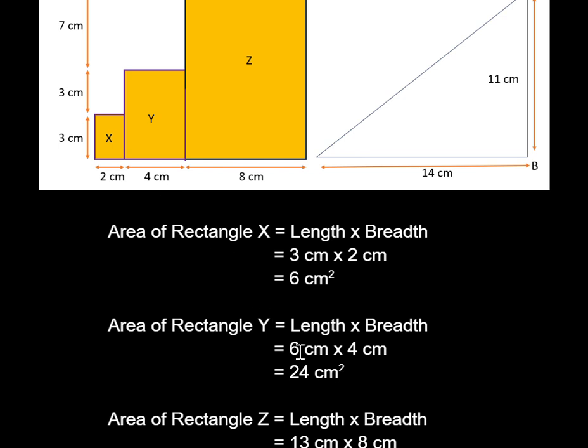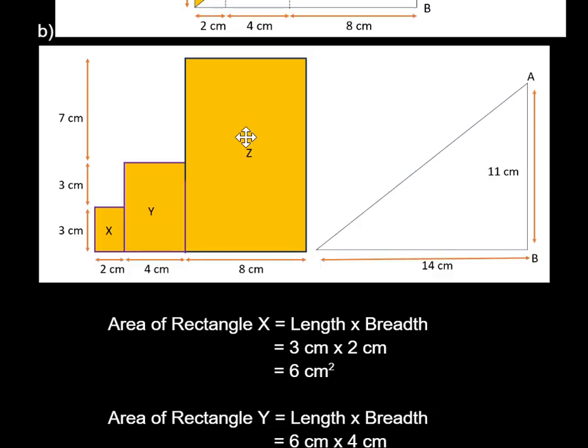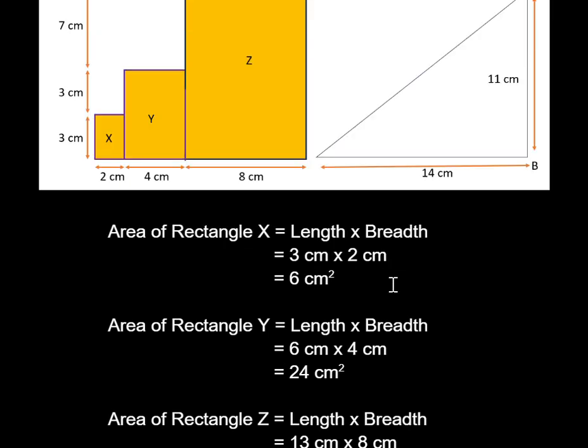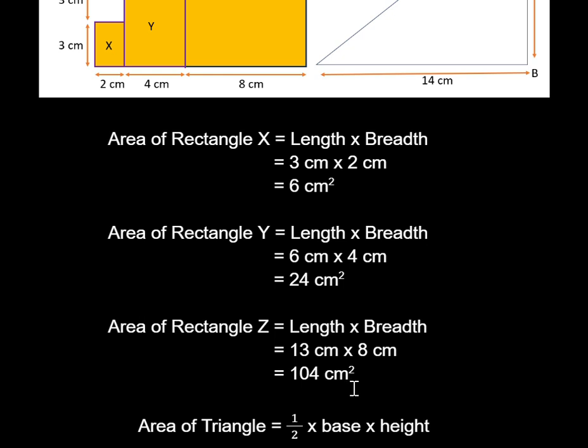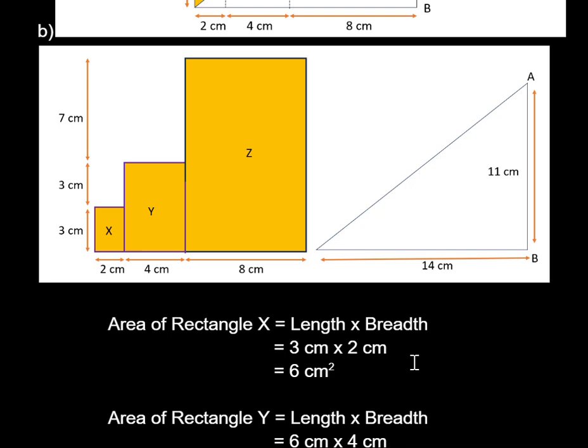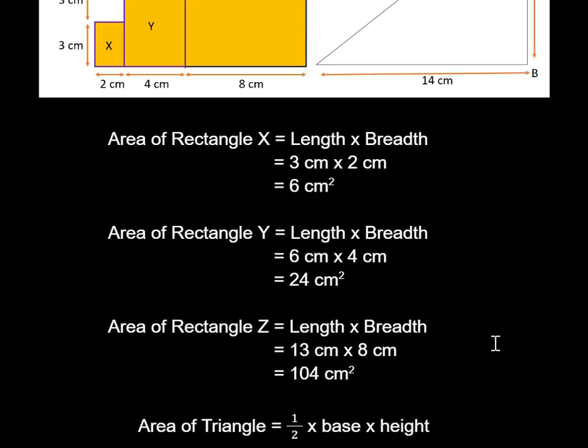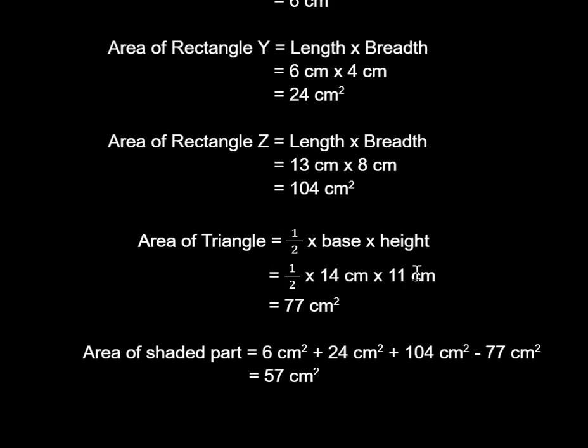So it's 6 times 4. Similarly, rectangle Z is 7 plus 3 plus 3, which is 13, multiplied by 8 here. So 13 times 8 is 104. The area of the triangle is half base times height, which is half times 14 times 11. Half times 14 is 7, so it's 77.